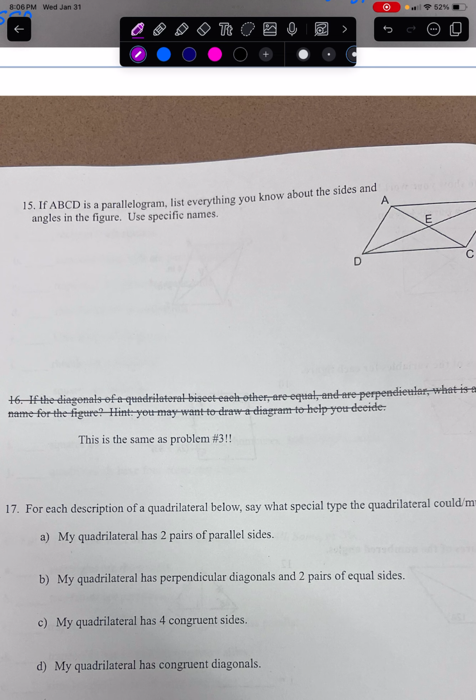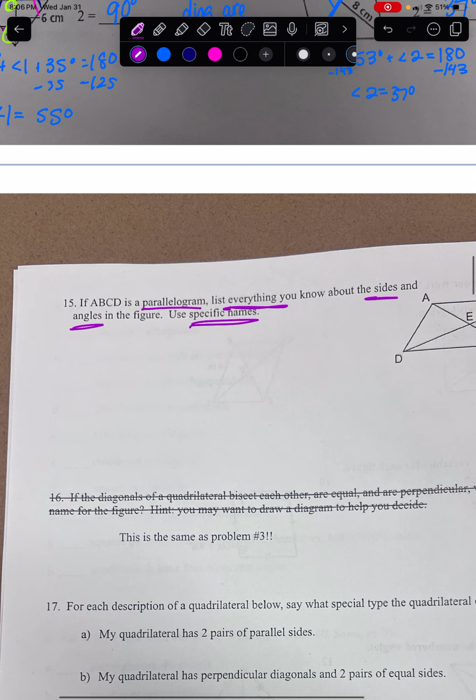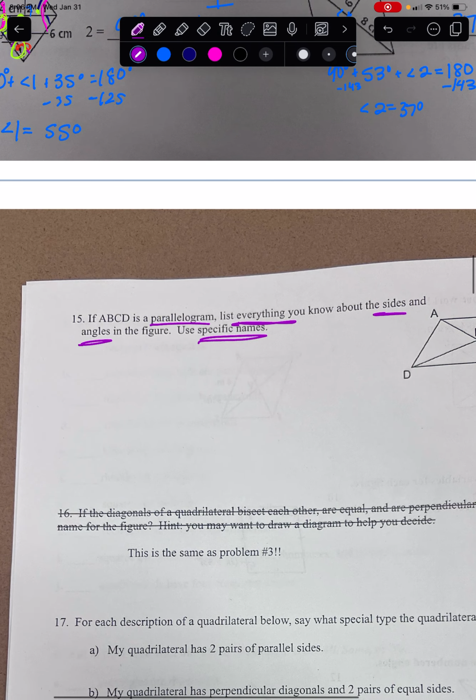If ABCD is a parallelogram, list everything you know about the sides and angles in the figures. Use specific names. Well, for one thing, we know that if it's a parallelogram, I'll write this smaller actually. Opposite sides must be parallel to one another.